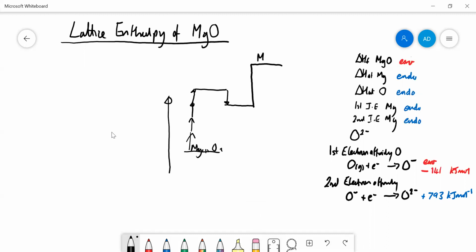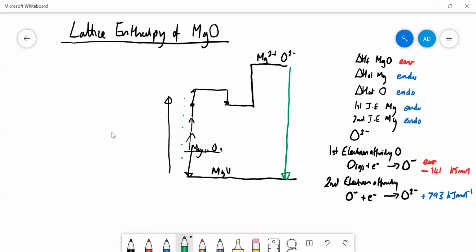And that's going to be our Mg2 plus and our O2 minus at the top, and there's going to be our magnesium oxide there. Then this is going to be the lattice enthalpy of formation, isn't it? That bit there. So we go up, up, up here, down for the first electron affinity, and then back up again for the second electron affinity.